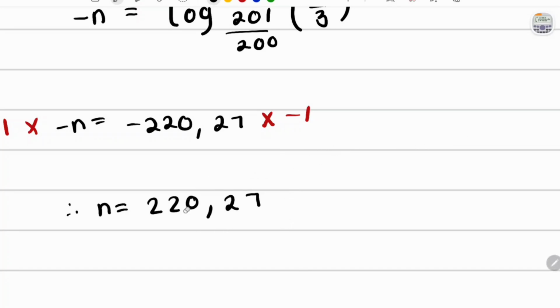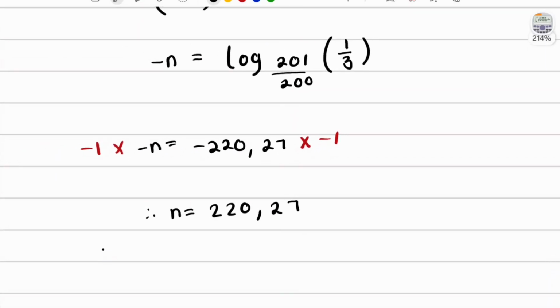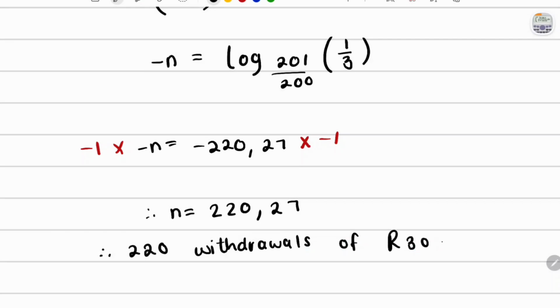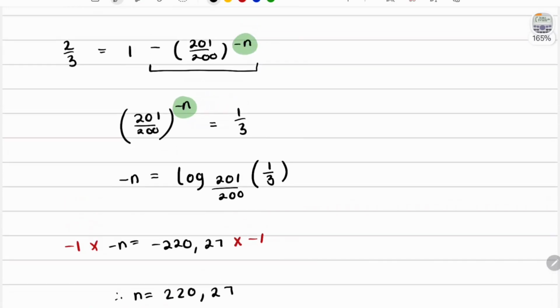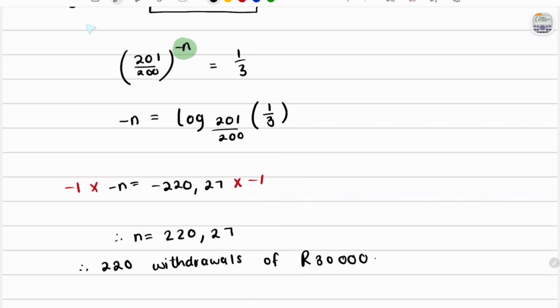But the 220 is full 30,000 Rand withdrawals. So the total number of 30,000 Rand withdrawals would be 220. So I'll say 220 withdrawals. If you like, you can also say of 30,000 Rand. So that is it for that question.